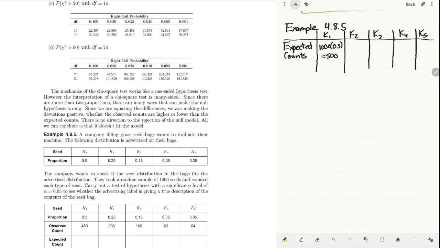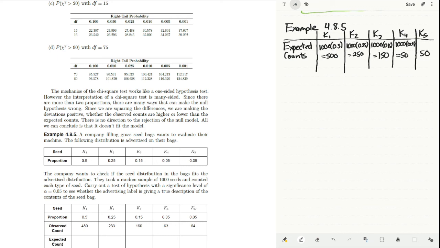The expected count for seed 2 is 1,000 times 0.25, which is 250. For seed 3, we have 1,000 times 0.15, which is 150. And for seeds 4 and 5, we have 1,000 times 0.05, which gives us 50.